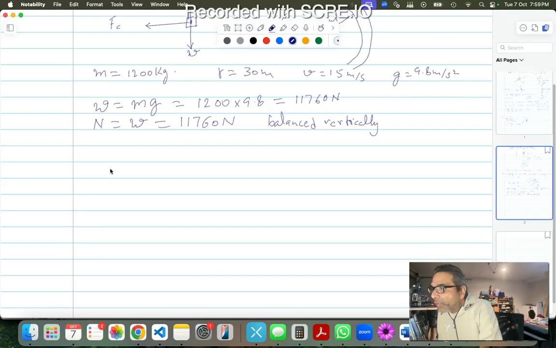So now we know that Fc equals mv square over r. m is given, 1200, r is 30, times v square.